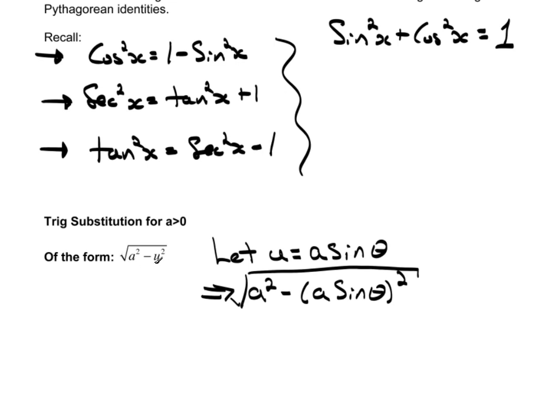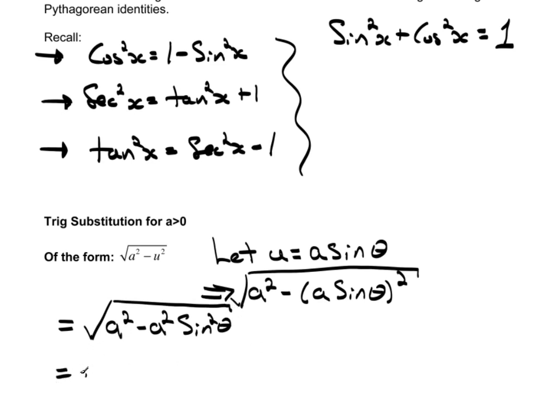Because all I did is I said u was a sine theta, so here's my u squared. So I still have a squared minus u squared. But that will give me, I'll write this out one more time, a squared minus a squared sine squared theta. Of course, that's still under the radical. But this a will factor out.